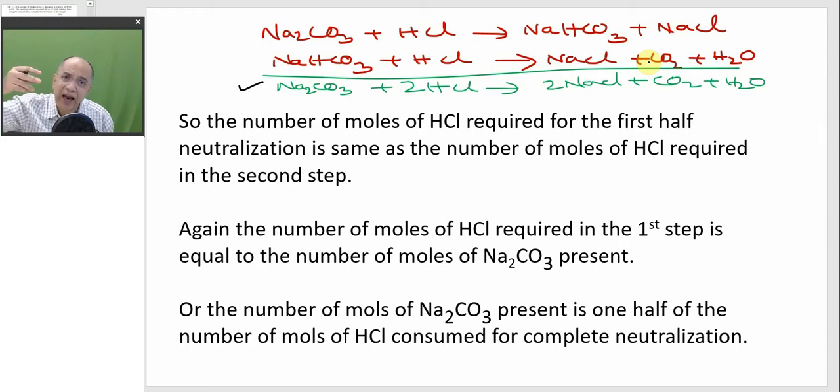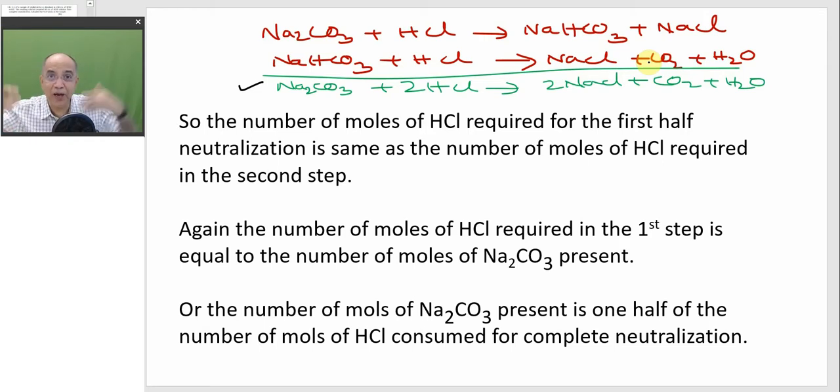If you further add HCl, then no doubt the reaction will happen and the second half will happen. But how to know how much you add in the second part? So you need to use another indicator, right?